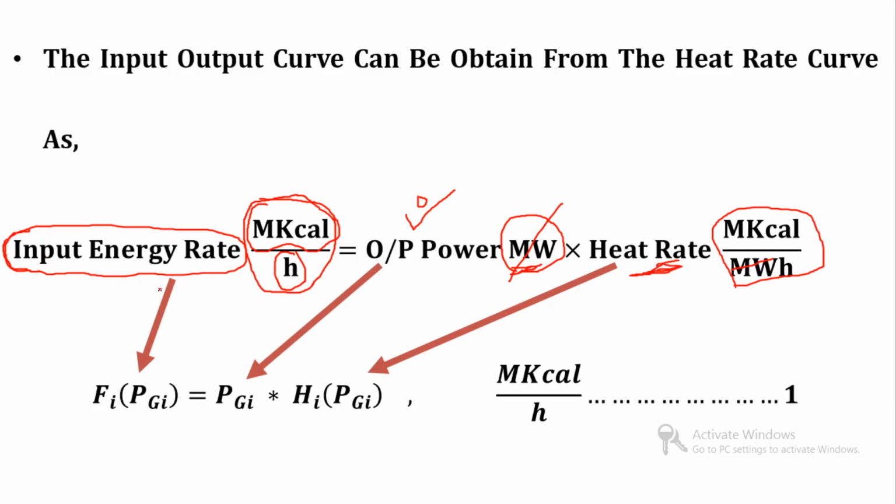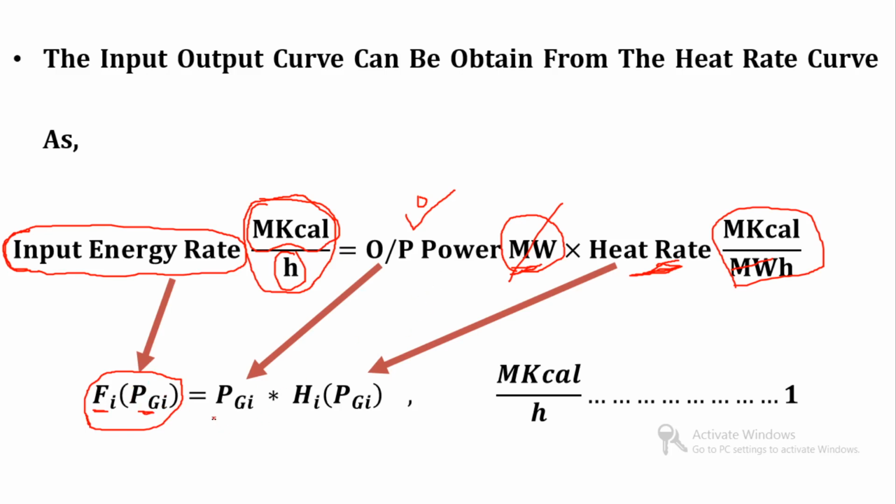Clear? So I will note this input energy rate by notation Fi of Pgi. Fi stands for input energy rate, Pgi stands for power for ith unit. So we can say that this is the input energy rate for ith unit power.